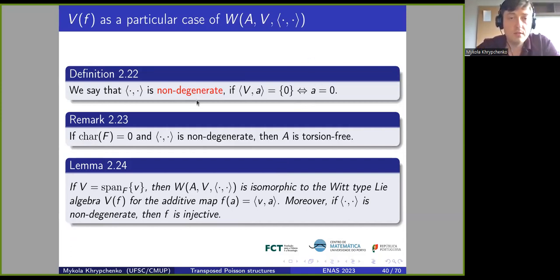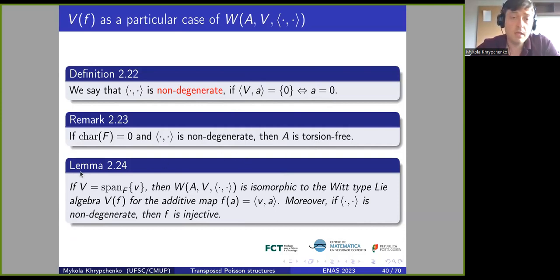We always assume that this map of two variables is non-degenerate, in the sense that if A is annihilated by all the elements of V, then A is 0. And we'll also assume that the field has characteristic 0. So again, it implies that A is torsion-free.